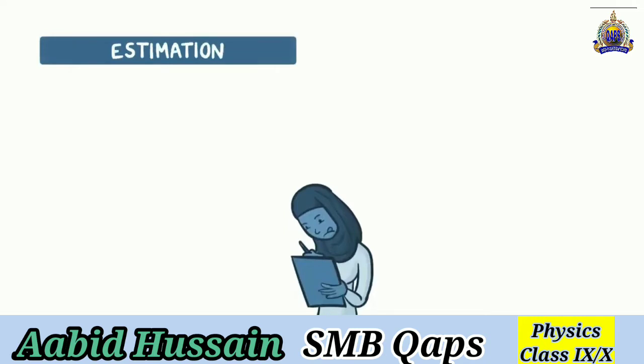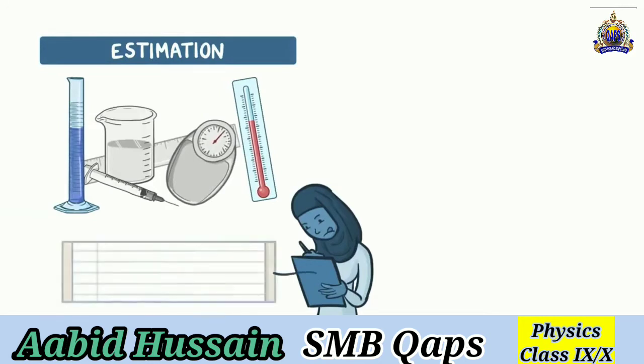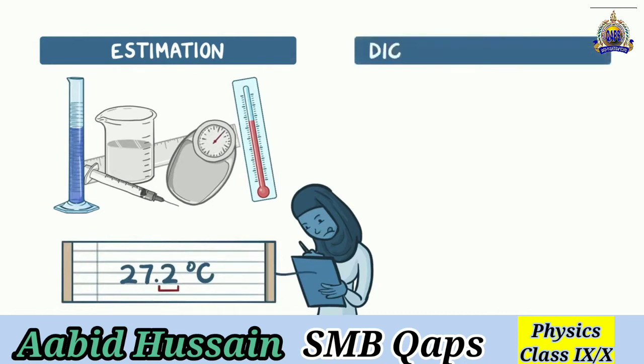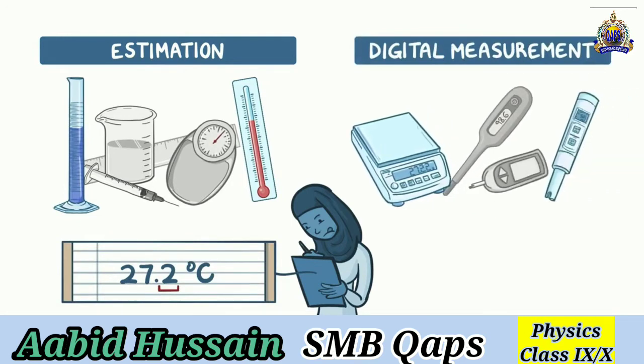So what will be the estimation of these numbers? Whenever we use an apparatus like a graduated cylinder, or a beaker, or any other instrument, like the thermometer we are using here, these will be estimated measurements, like 27.2, 27.3 or anything else.